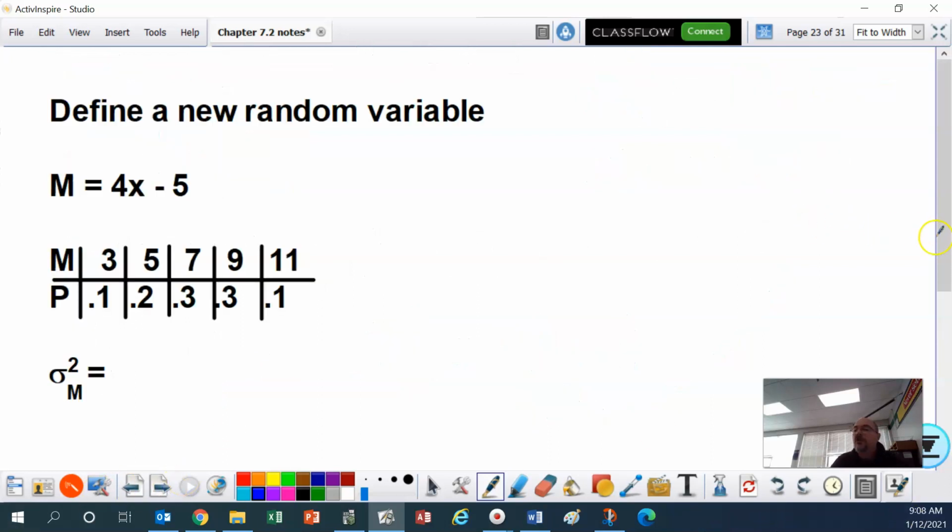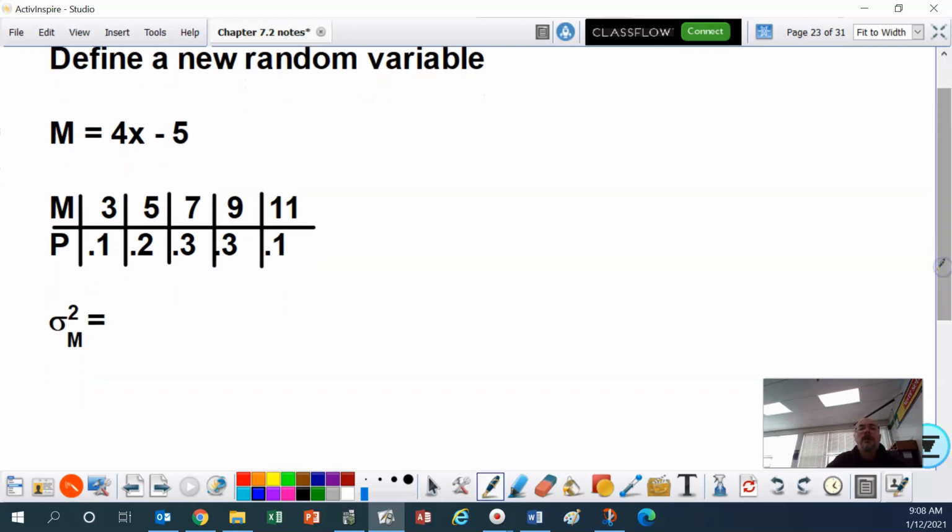Okay, so in this situation, 4 times x minus 5. Let me write this out. That would equal the variance of 4x minus 5. But now remember, the minus 5 has no effect on the variance.